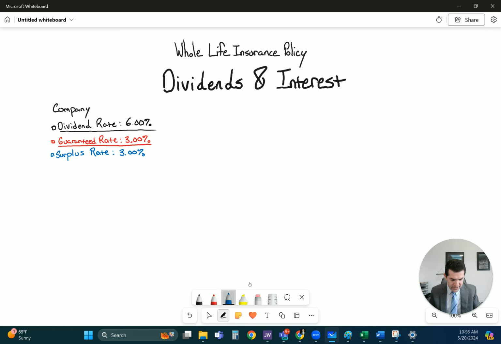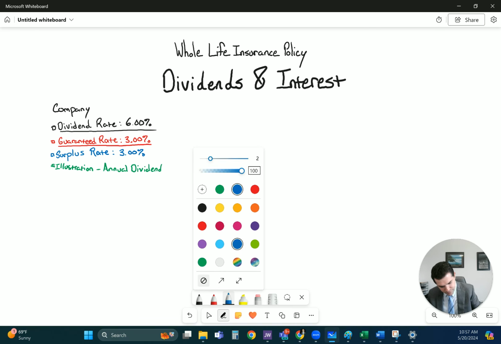Here's the important piece right here that clarifies how this all works for a lot of people. The surplus. When you look at a life insurance illustration, the surplus piece is referred to as the dividend. So you'll see a column on a life insurance illustration that says annual dividend or end of year dividend. That reflects the surplus piece.